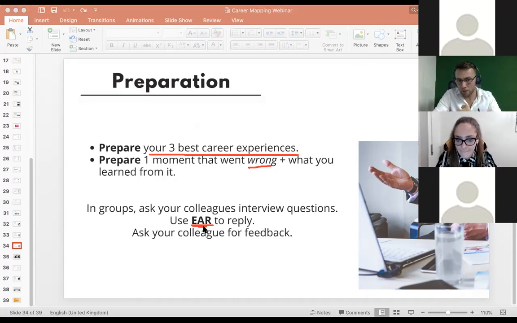Okay, so I'm going to give you a few minutes, make some notes. Emma and I are here in the chat to support if you have questions or if anything's unclear. Okay, so I'm going to count down 3 minutes, and then we're going to go into the rooms and we're going to practice together.